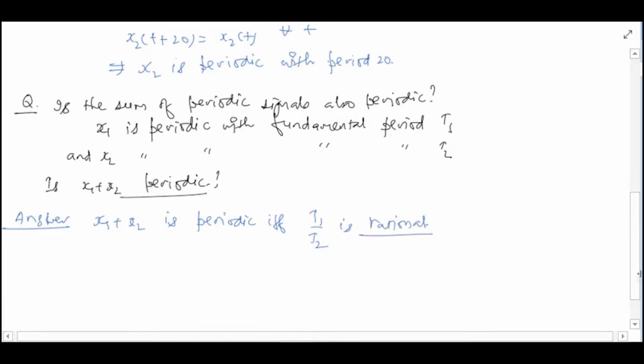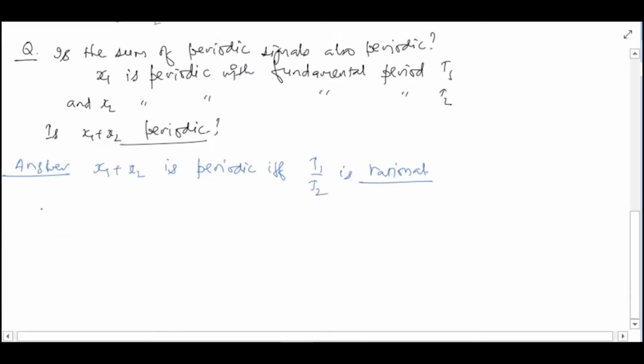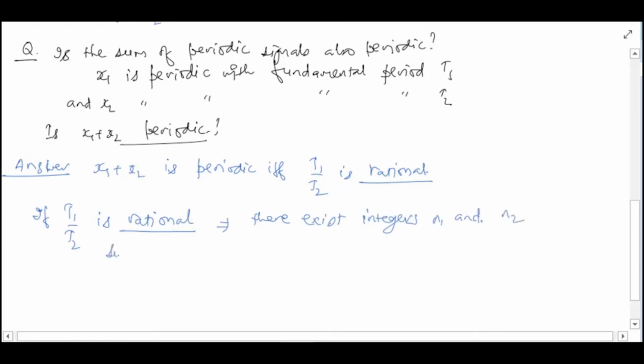Notice that if T1 by T2 is rational, then there exist integers n1 and n2 such that n1 T1 is equal to n2 T2.